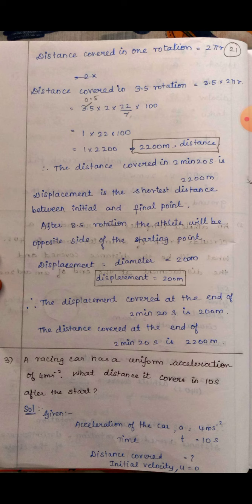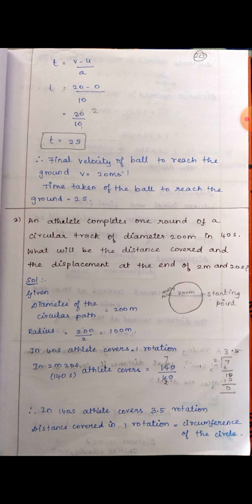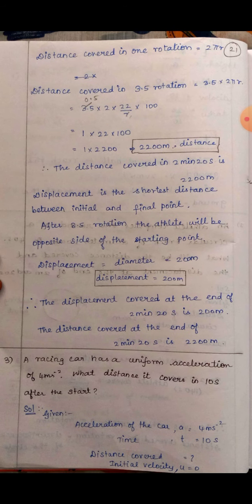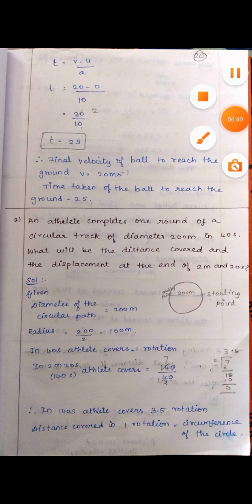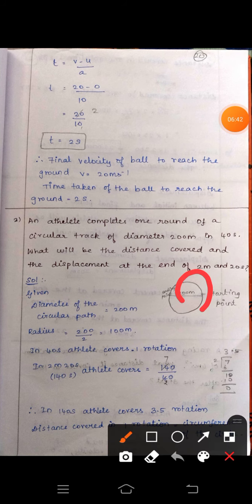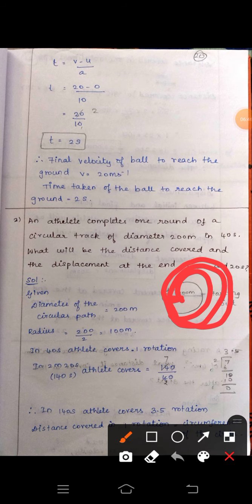Now we are going to find the displacement. Displacement is the shortest distance between the initial and final point. We have to find the final point. 3.5 rotation means 1 rotation, 2 rotation, 3 rotation, and 3.5 means this half.